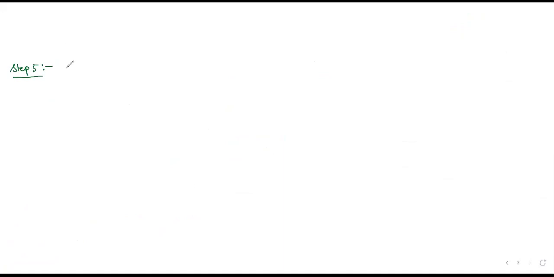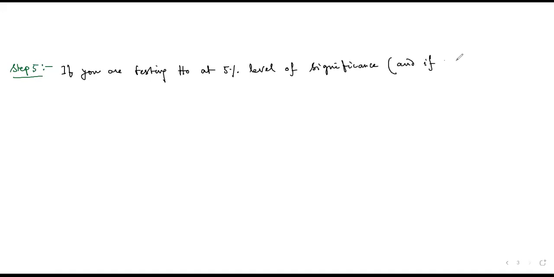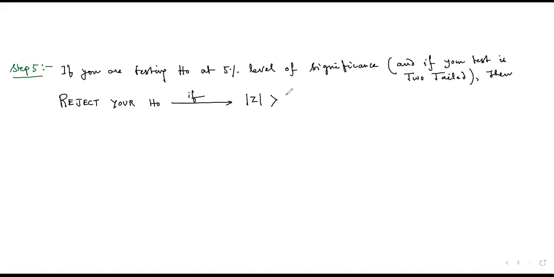If you are testing H0 at 5% level of significance, and if your test is two-tailed, then reject your H0 if the absolute value of Z is greater than 1.96.